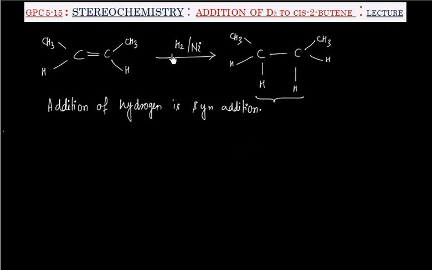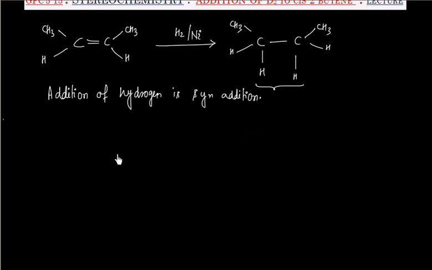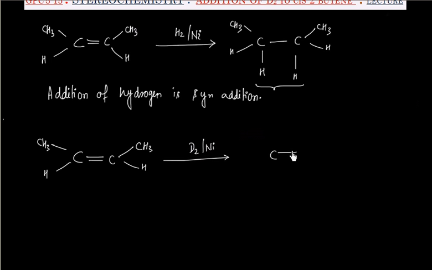Now let us say we have deuterium here, in the presence of nickel. So we have to add two deuterium. Now in this case, this carbon becomes chiral and this carbon also becomes chiral.